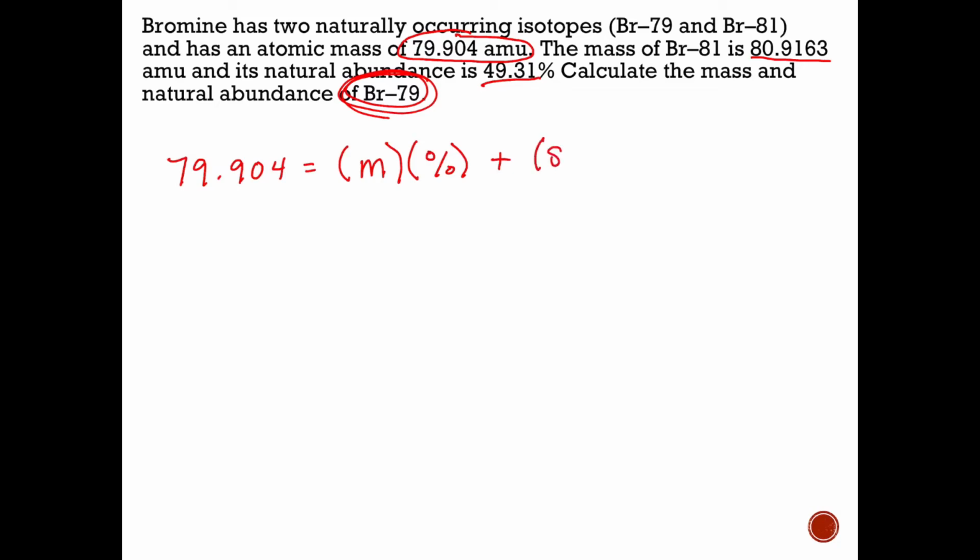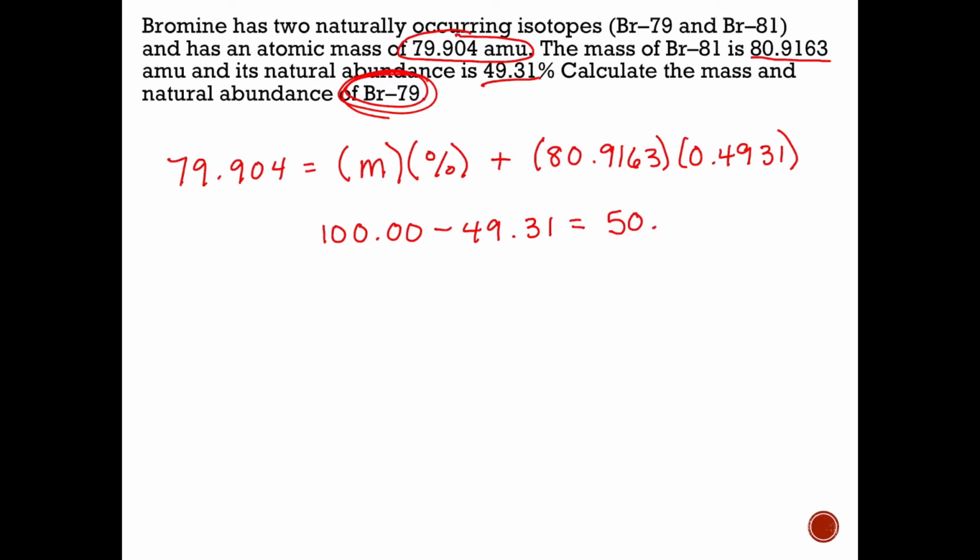We know its mass, 80.9163, and its percent abundance. So my hint that I gave you was that what do all of the percents add up to? And all of the percents will add up to 100. So if we know that one of them is 49.31, we can do 100 minus 49.31, and we'll get that the percent abundance of the other one is 50.69%.